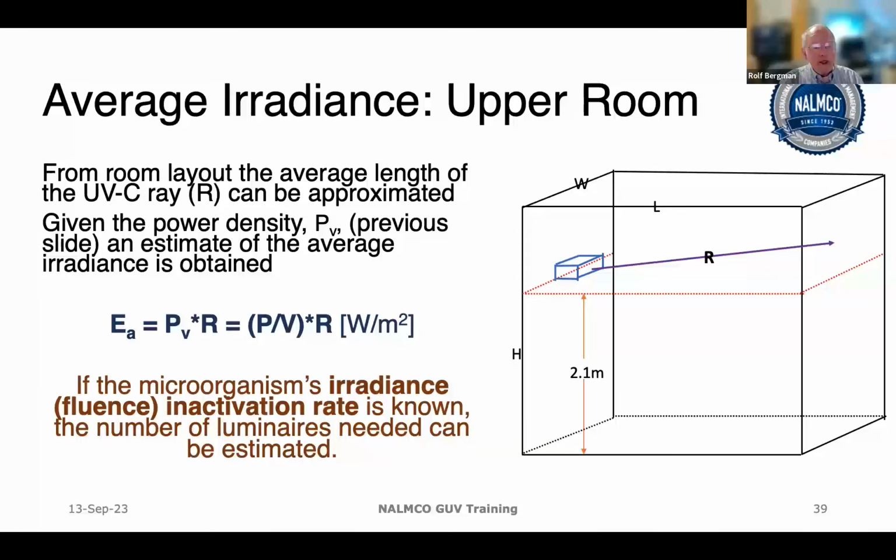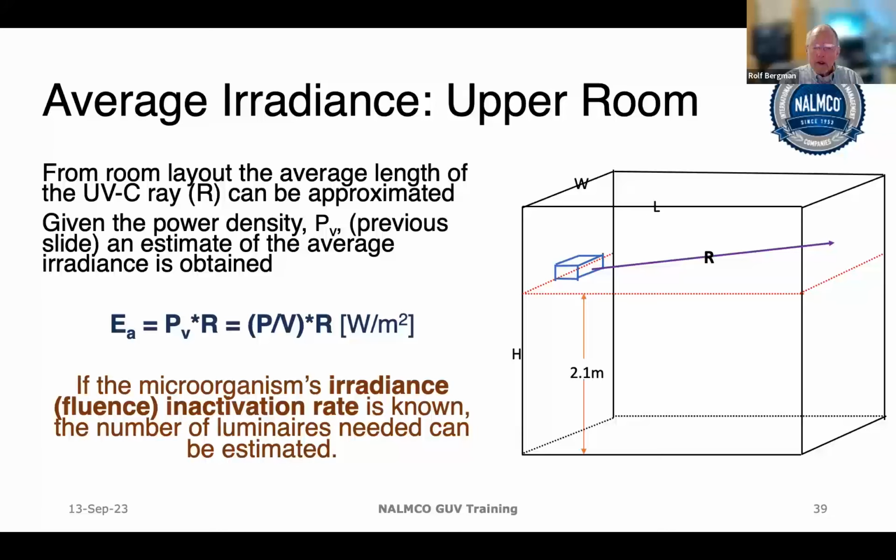Here's a way of obtaining the average irradiance. From the data we had before on the previous slide, we had the volumetric power, the watts per cubic meter. If I now multiply that by the path length, which is in the figure given as R, it's the average value of the radiation, which typically is the distance to the wall.